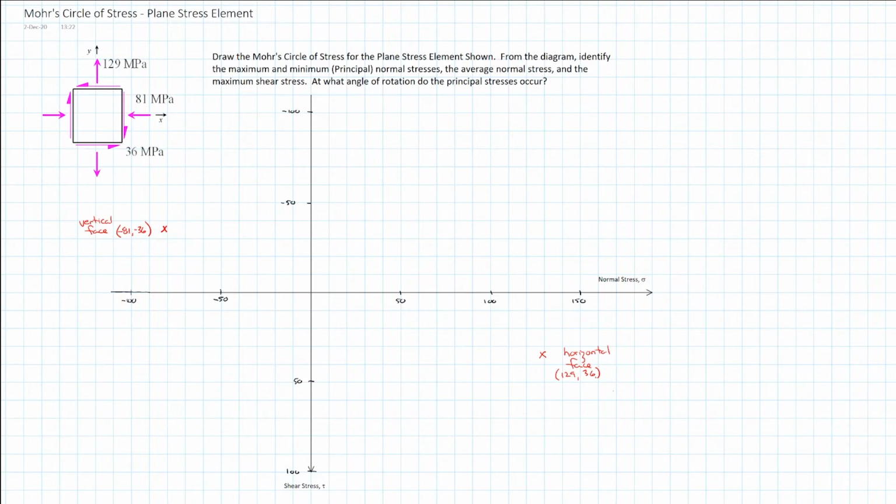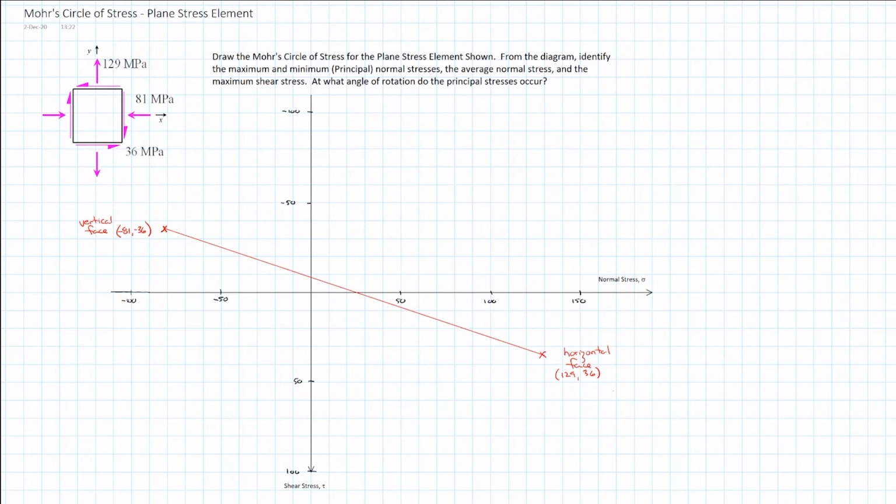Now, what that allows us to do is we can actually connect these points and they will pass through the average stress where shear stress is equal to 0. So I'll just grab a straight line and we're going to connect them.